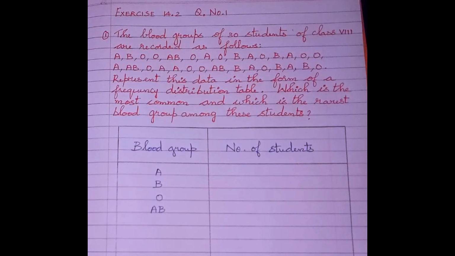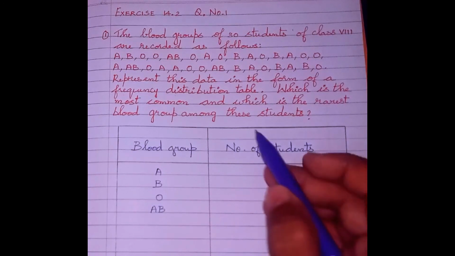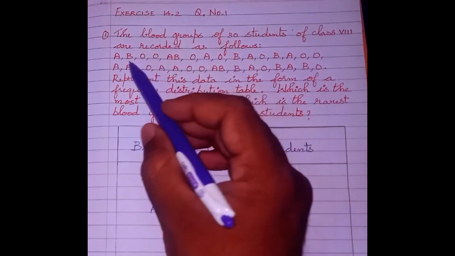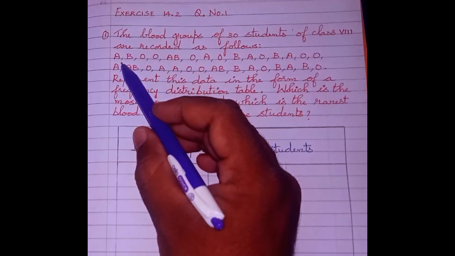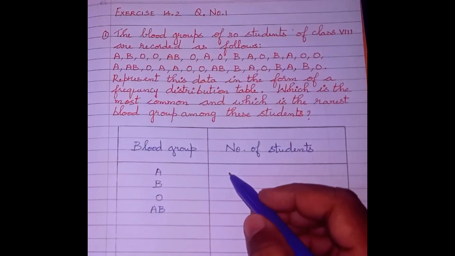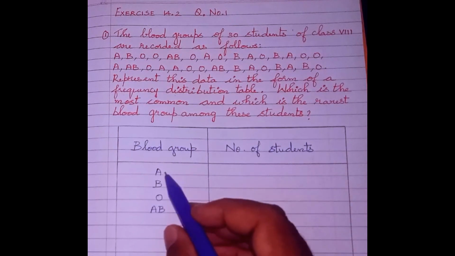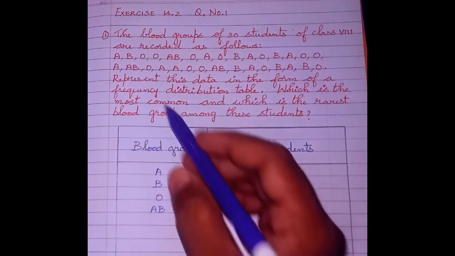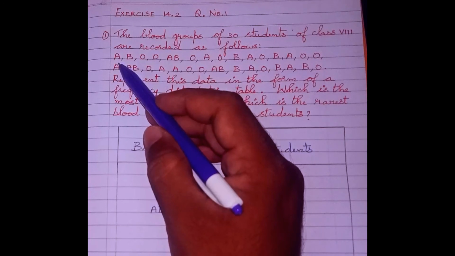Now we are going to form the frequency distribution table. Whenever you see a particular blood group there, you make a tally mark along that blood group. Let me start with the first one.